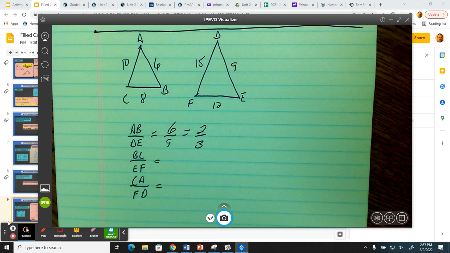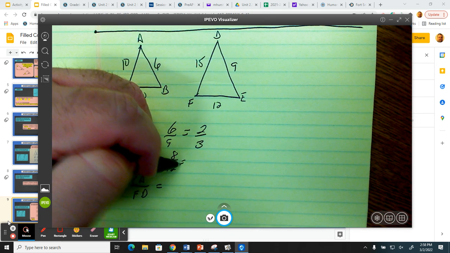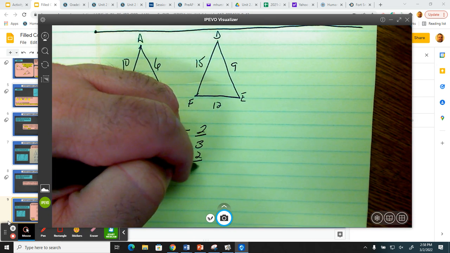Again, the triangles aren't going to be given to you on the test. You're going to have to be able to draw these triangles on your own and set up these proportions on your own. So BC over EF, or 2 over 3.